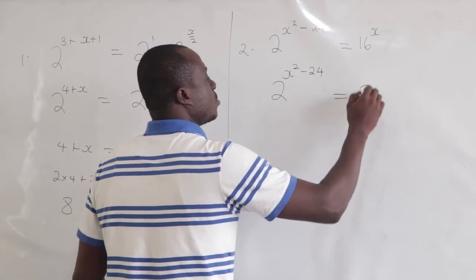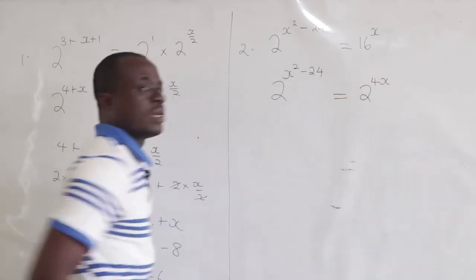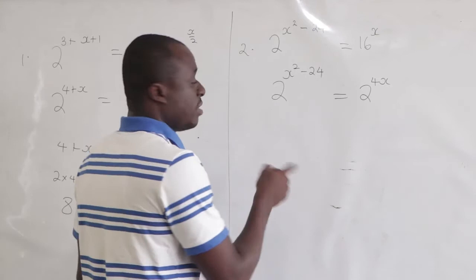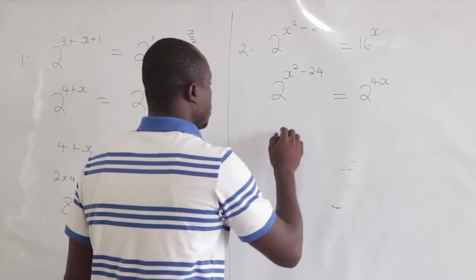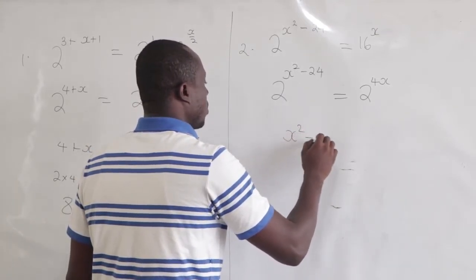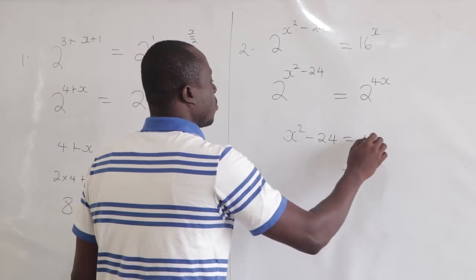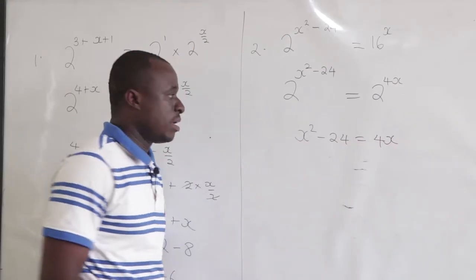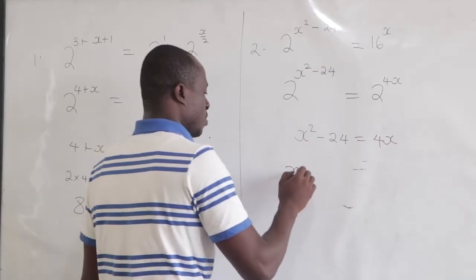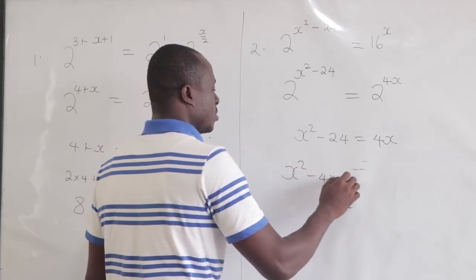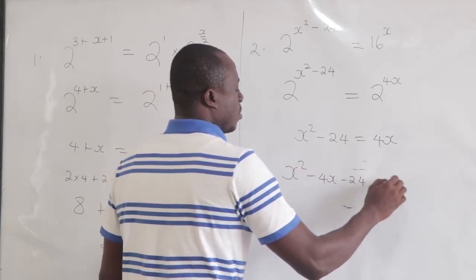So that is 2 to the power 4, and it's going to multiply the x. Now bases are equal, so you equate the exponents. So you have x squared minus 24 equal to 4x. So this has to come here. So you have x squared minus 4x minus 24 equal to 0.